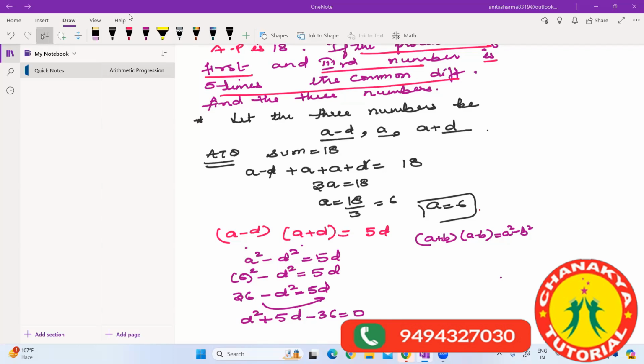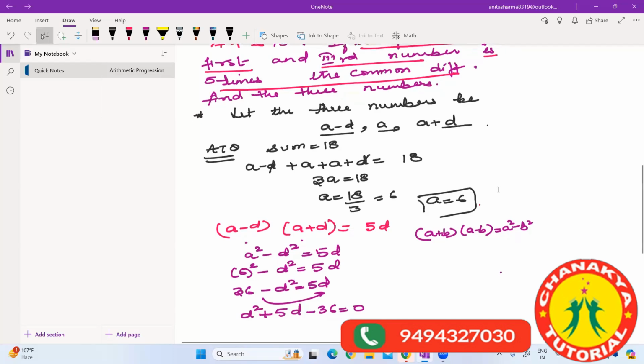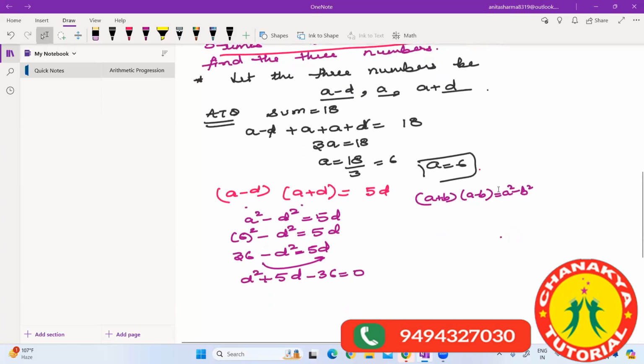Yes, beta. The value of D will be minus 9 and 4. I'm telling you the value of D, beta, not the factors.